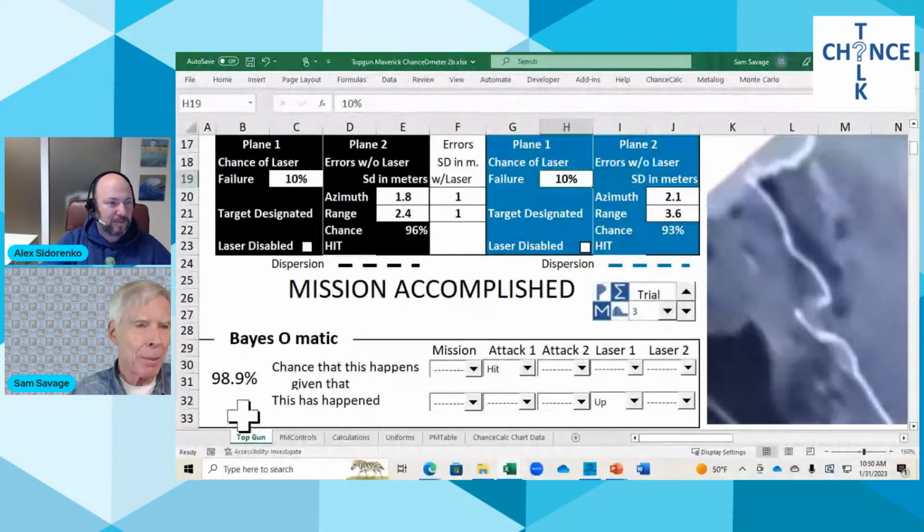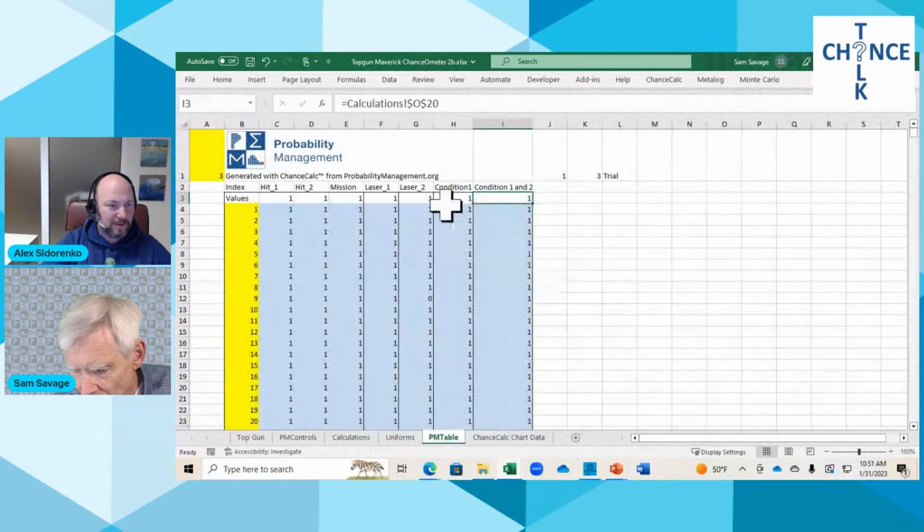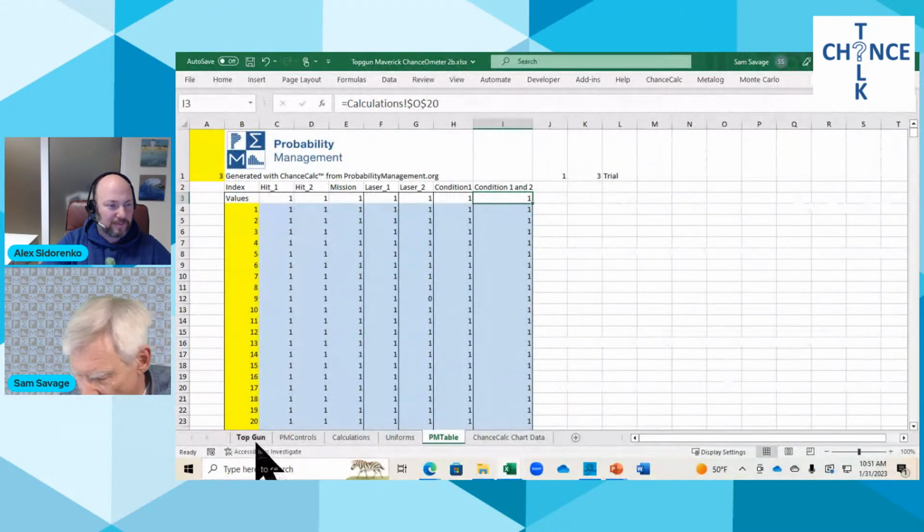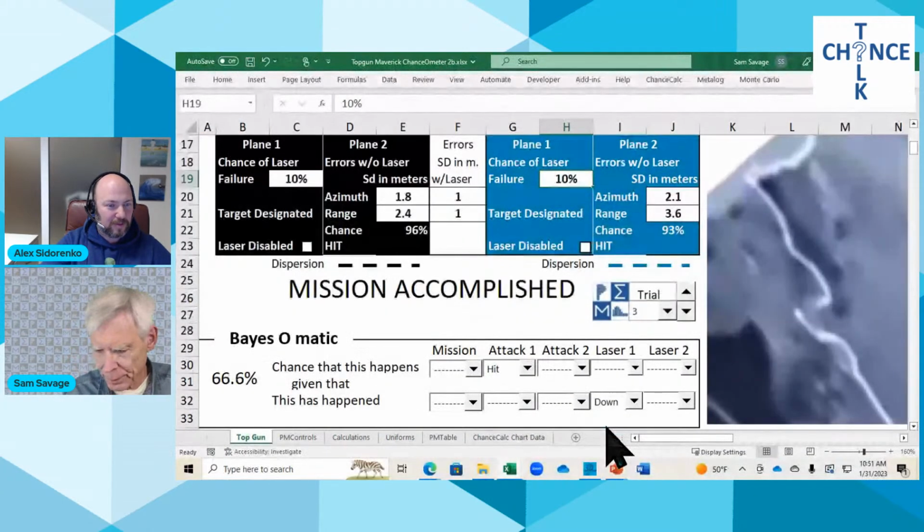That happened a lot of times, right? Let's go take a look. So we hit target 1. No, okay, that's too much. Let's say that laser 1 was down 66% of the time.